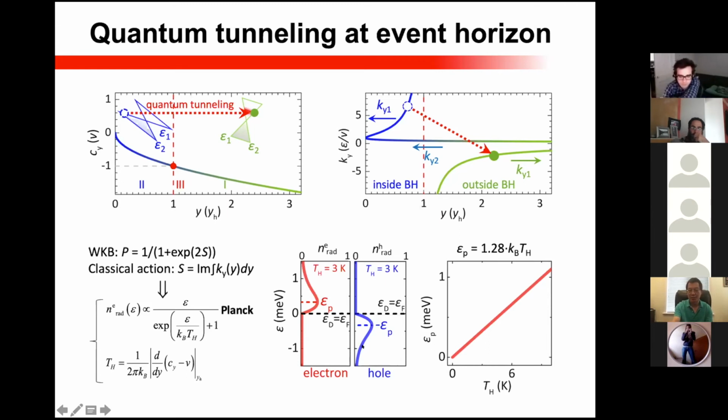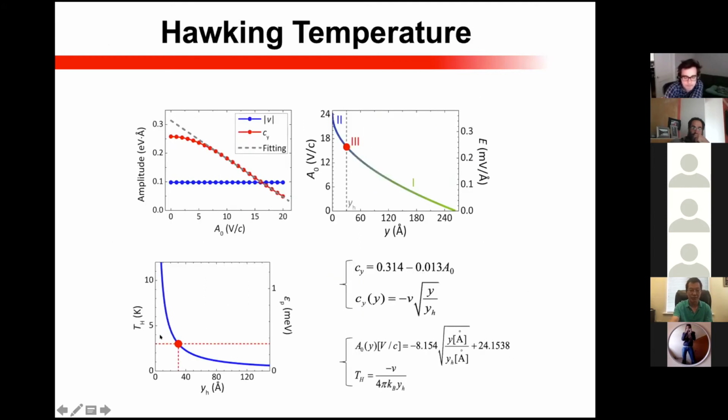Based on this, we can estimate the Hawking temperature, which is about Kelvin for the specific case we choose. That means the laser intensity decays, or has a gradient, across a region of about 200 nanometers. We choose these parameters because they are literature parameters that are experimentally feasible.